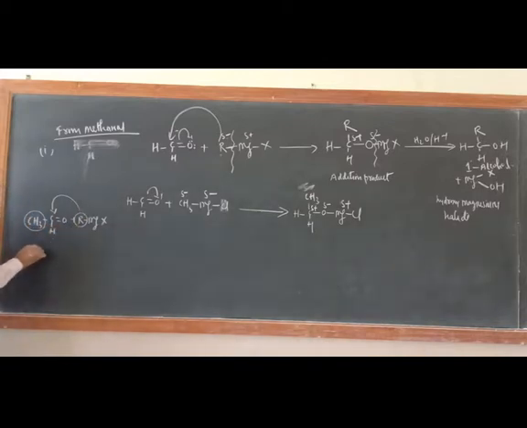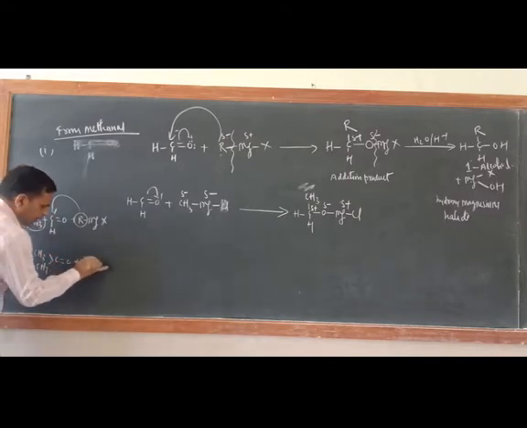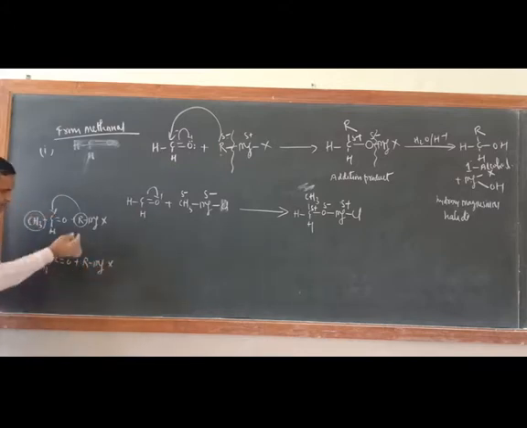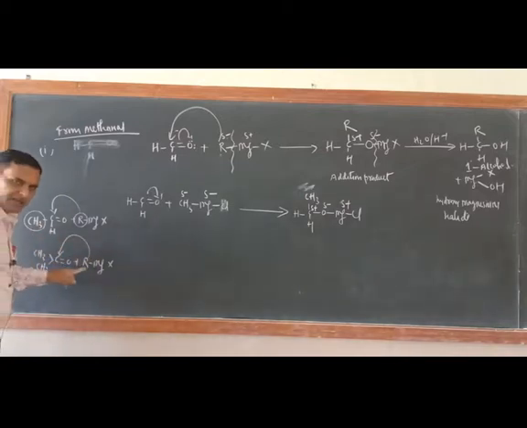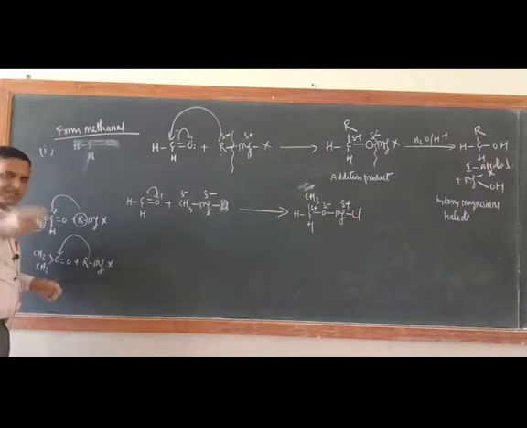Similarly, when a ketone, CH3 C double bond O, reacts with RMgX, 2 alkyl groups are already there and one more alkyl group will come here. That is why whenever a ketone reacts with Grignard reagent, the product is 3 degree alcohol.